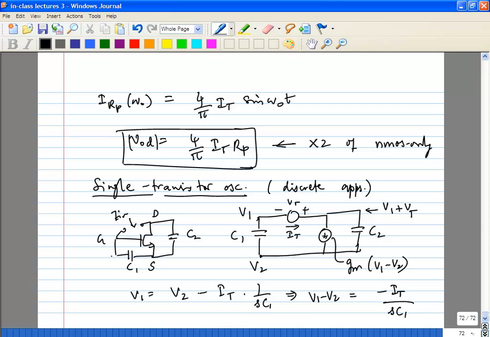So that is one relation. V1 minus V2 is minus IT over SC1. Then this is the gate node, drain node and source node. We'll do a KCL at this point, at the drain node.